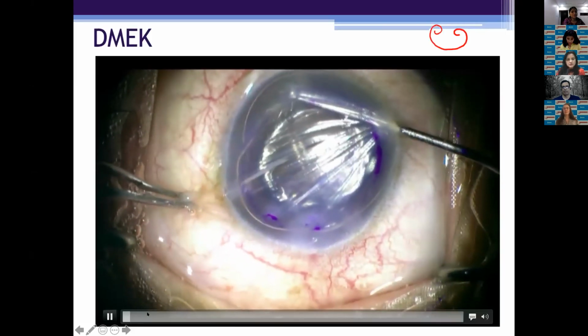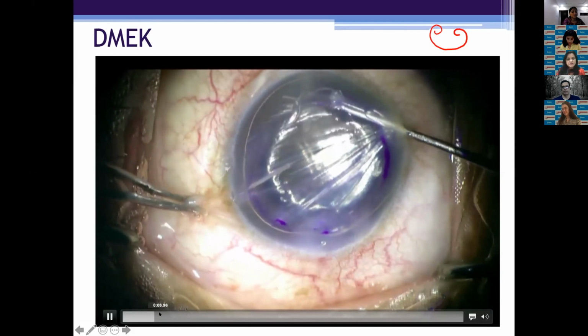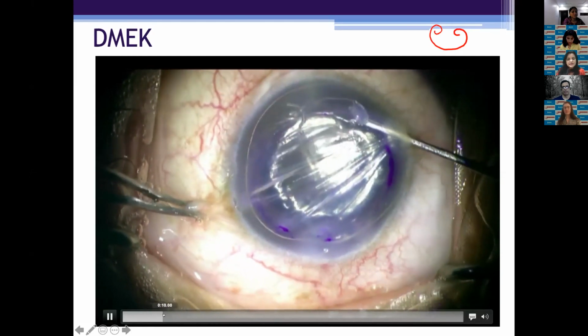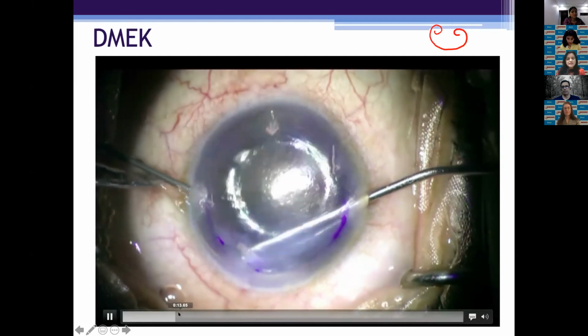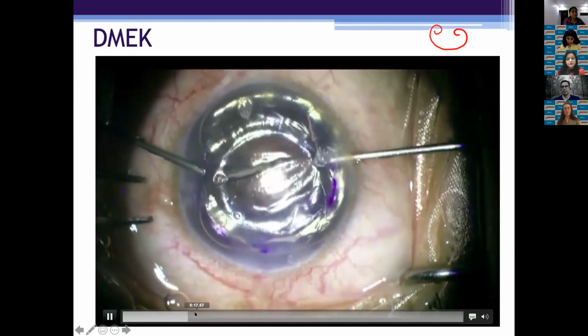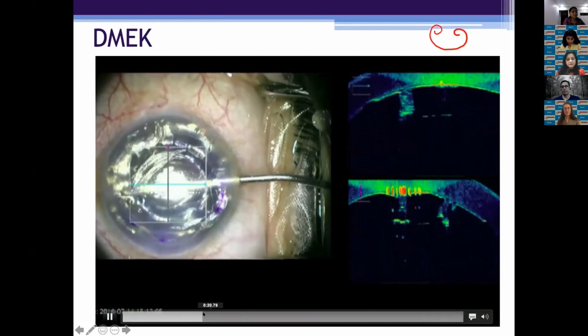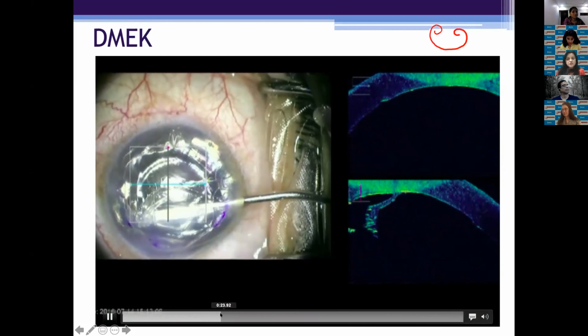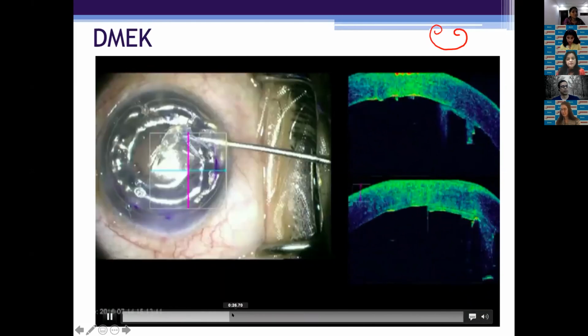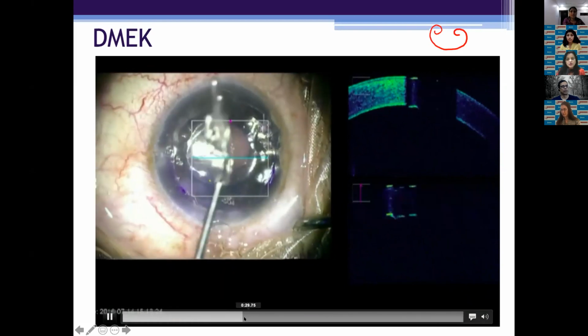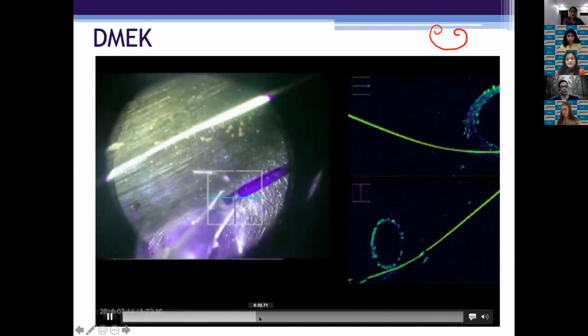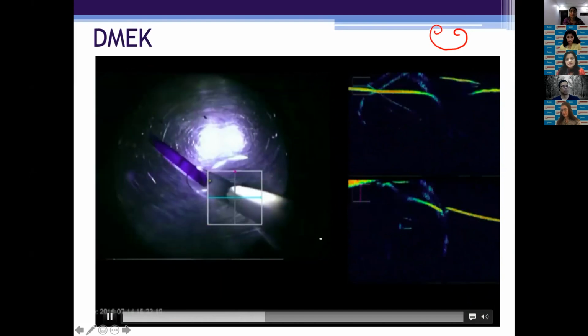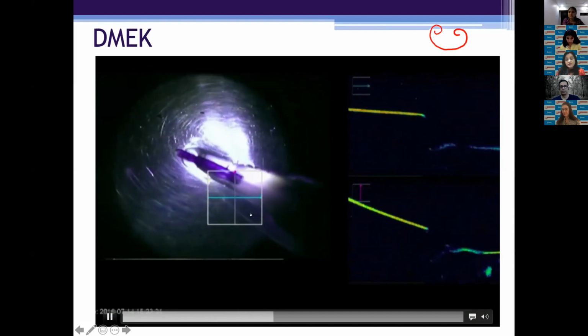And of course, this is my first DMEK that I did. At that time, we did have the microscope, but we didn't have this S-shaped stamp. So we were just doing it without the S-shaped stamp, but using the intraoperative OCT microscope. After the Descemet's membrane is out, this is an IOL injector.